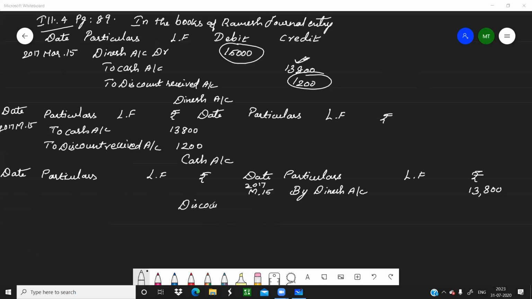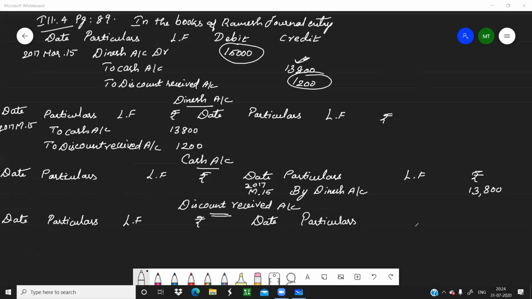Next, discount received account. So we have prepared the Dinesh account, then the cash account, then the discount received account. So date, particulars, then LF, then amount. First, the discount received account is a credit balance.